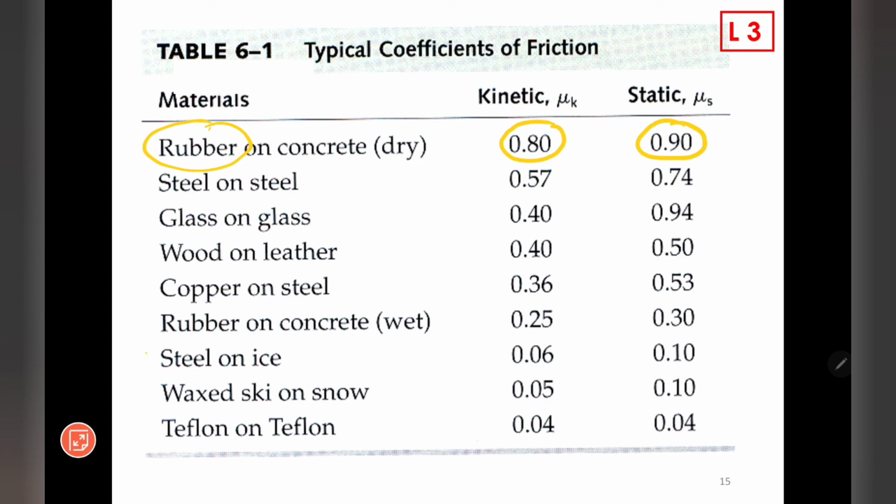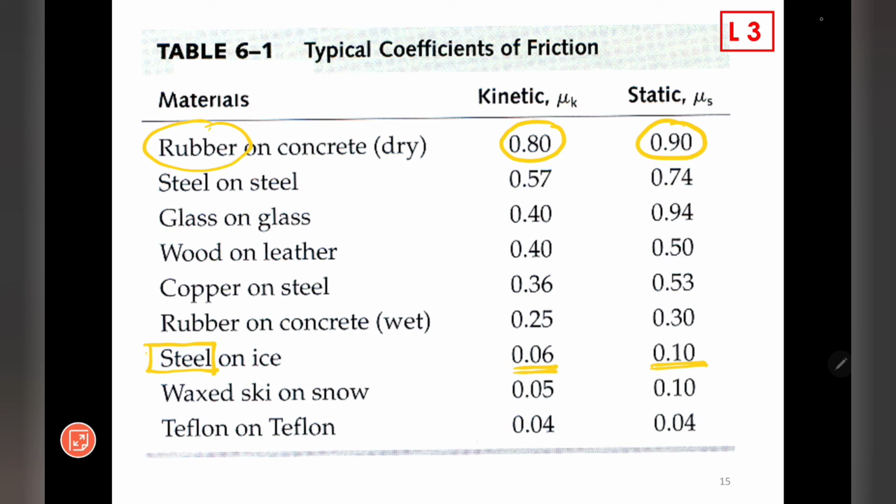Or maybe by taking steel as the example, the coefficient of kinetic friction is 0.06, while the coefficient of static friction is 0.10.